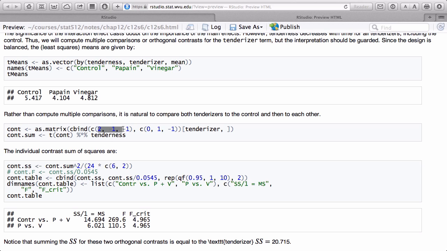That's the sum of squares of these coefficients, which is 6. The sum of squares of these coefficients is 2. So this vector gives the sum of squares of the coefficients, the sum of the c-sub squares. And then the 24 is the 4 times 6.